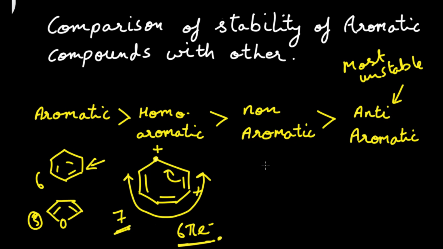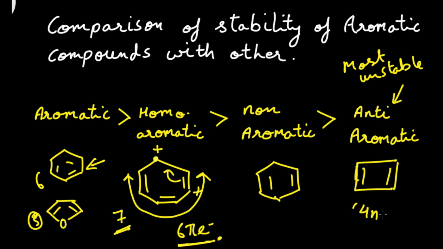Now what are non-aromatic compounds? Non-aromatic are just non-aromatic, which are not in conjugation. This is non-aromatic, completely non-aromatic. This is a diene, cyclohexadiene. Now anti-aromatic. What are anti-aromatic compounds? Anti-aromatic compounds are those that follow the 4n pi electron system. This is also in the Huckel rule.